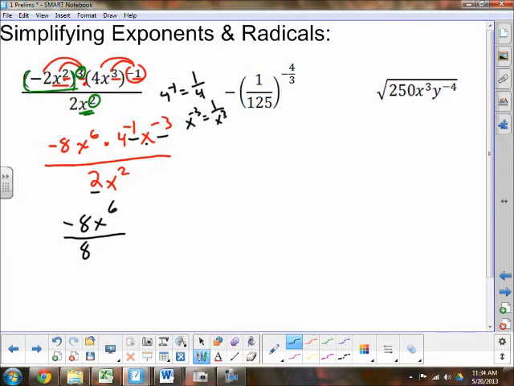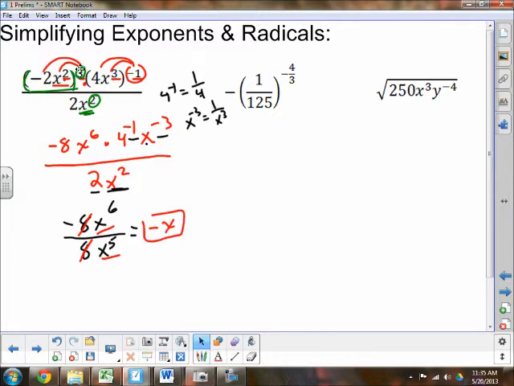X to the negative 3 will be 1 over x cubed. So I'll have an x cubed in my denominator. And when I combine that with the x squared, that gives me x to the 5th. Now it's pretty easy to see how this simplifies. Common factors of 8 will cancel out. And I have x to the 6th over x to the 5th. That will result in x to the 6th minus 5, or x to the 1st. This whole thing is just negative x.